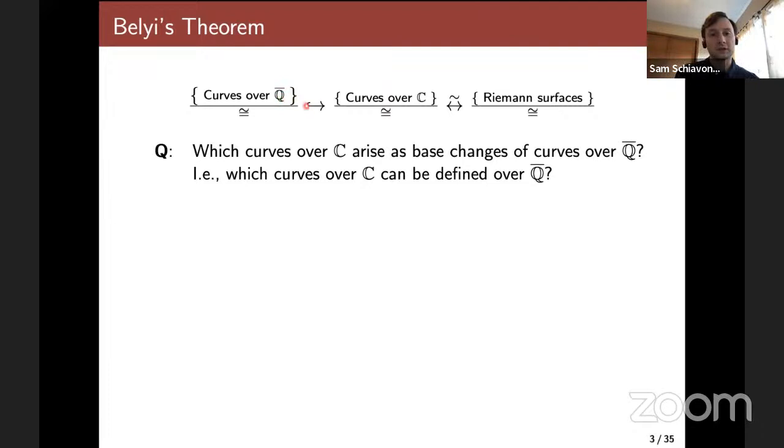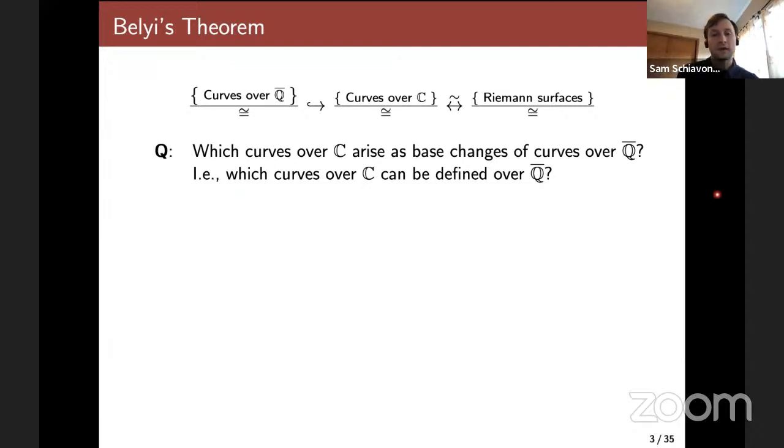Since we have this inclusion, and these equivalences are isomorphisms in the appropriate categories, you might ask, which curves over C arise as base changes of curves over Q bar? Which ones come from this inclusion of curves over Q bar into curves over C? In other words, which curves over C can be defined over Q bar?